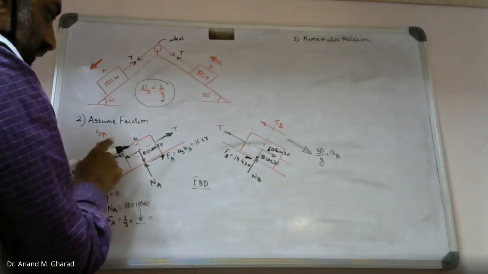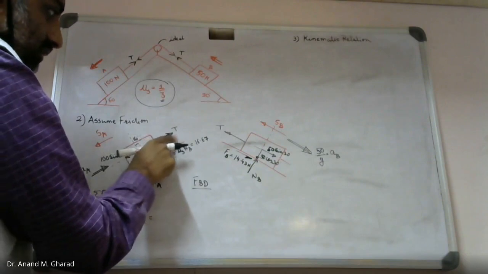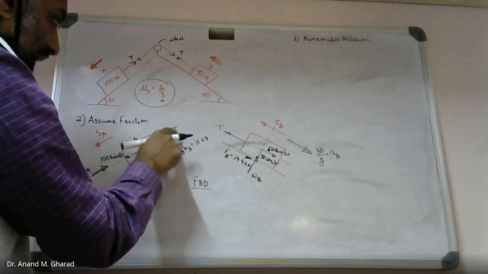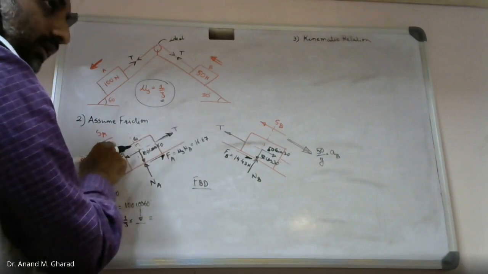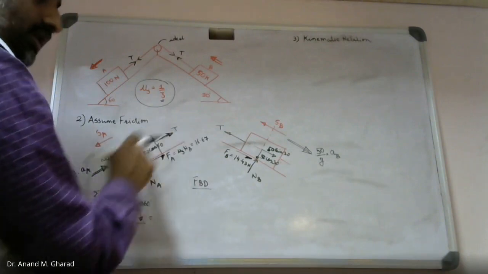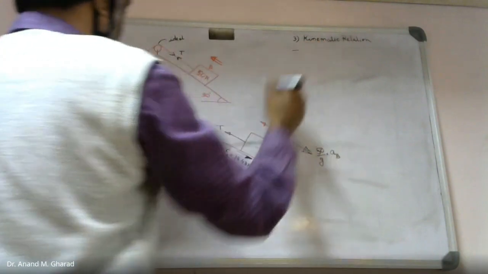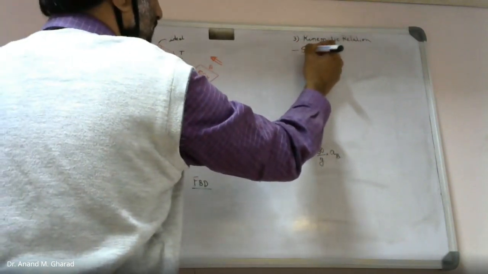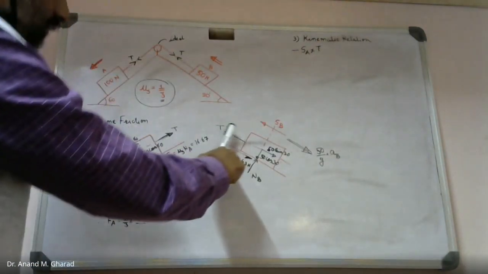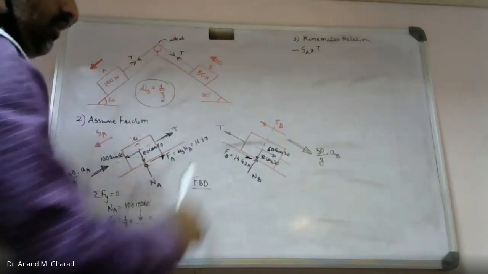So what is the internal work done in this case? Just try to understand: block A is moving in the downward direction, and this is the internal force which is getting developed in the form of tension in the string. T into SA will be the work done. But over here, since displacement and force are acting in opposite directions, the work done will be negative, so minus SA into T. Since it is total internal work done, I have to consider the work done of the associated block B also.